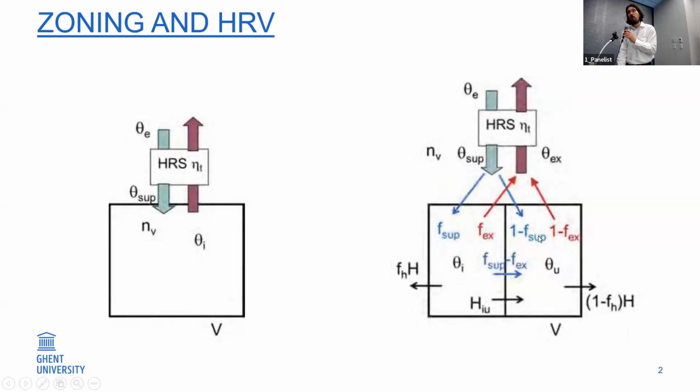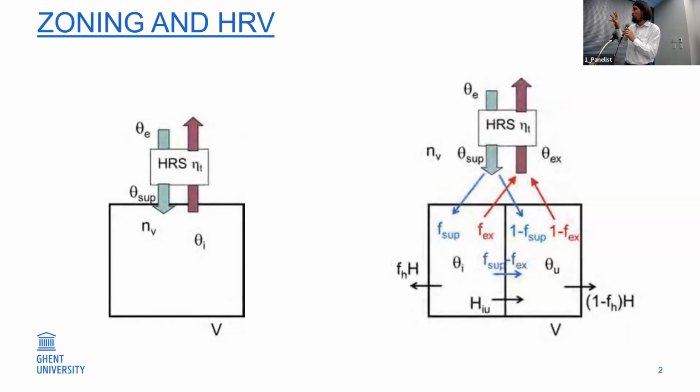Therefore, the recovered heat from the heat recovery ventilation system that is supplied to this unheated space will increase the temperature of the unheated space, but will not contribute to decreasing the heat demand of the heated spaces, or it will do so only indirectly by reducing the heat losses between both spaces.